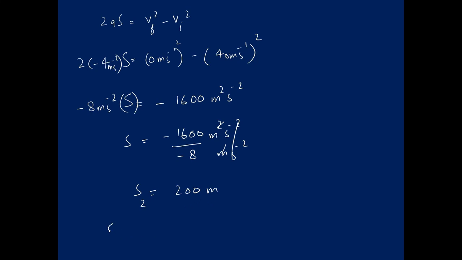The total distance that the car traveled during this journey is equal to S1 plus S2, which is 200 plus 200, equal to 400 meters.